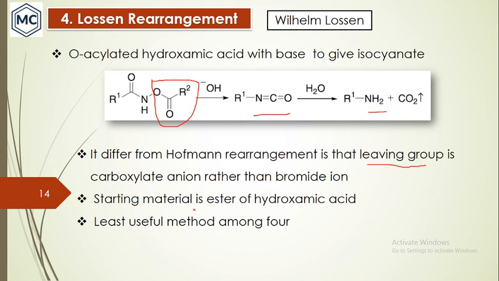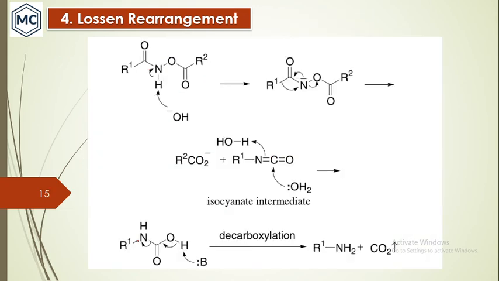So this starting material is an ester of hydroxamic acid, and this is the least useful method among the four rearrangements. And coming to the mechanism of this reaction, we are starting with the ester of hydroxamic acid.